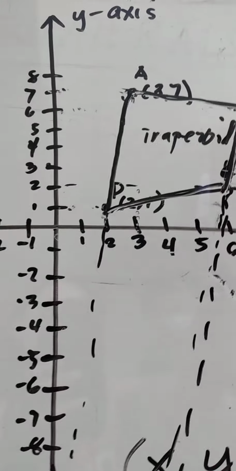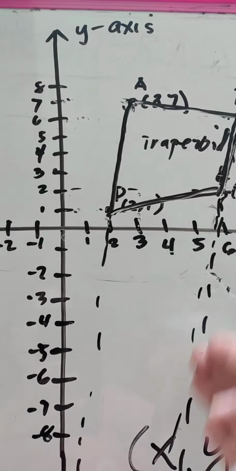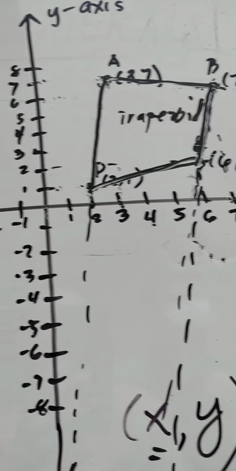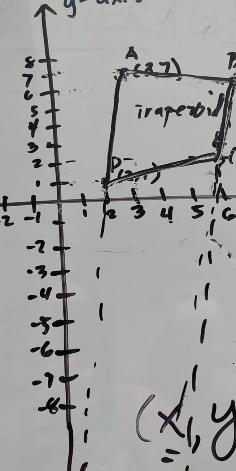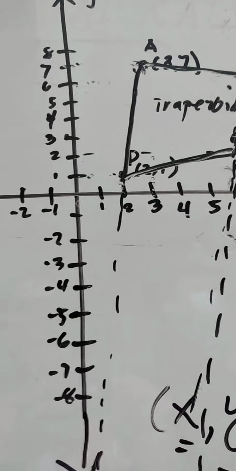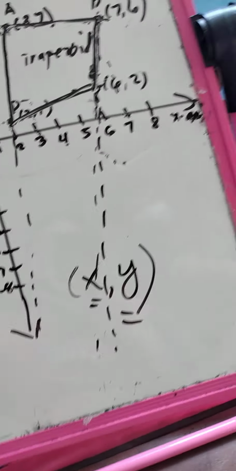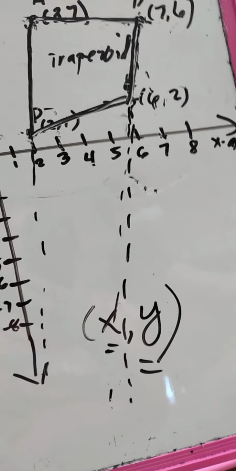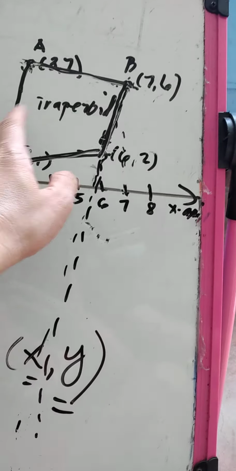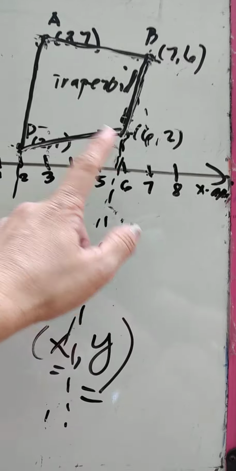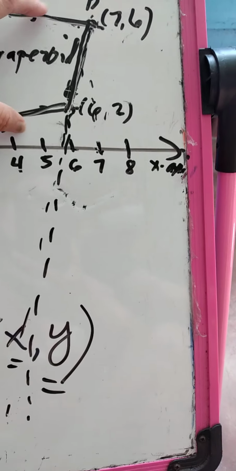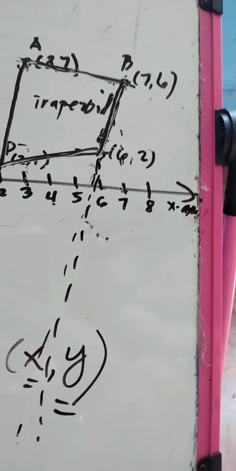And if you extend the lines of your sides, if they're going to meet somewhere, then they're not parallel. But if it looks like they're not going to meet somewhere, then it's parallel. And if only one pair of opposite sides are parallel to each other, and the other pair of opposite sides are not parallel, then it's trapezoid. All right?